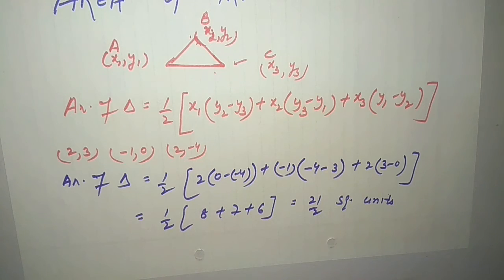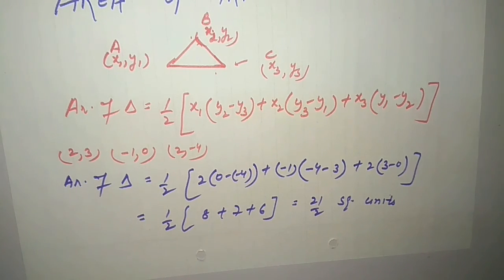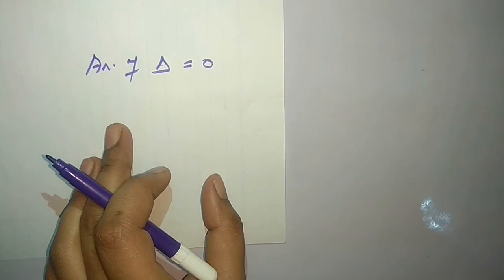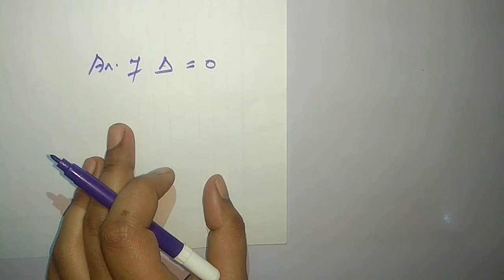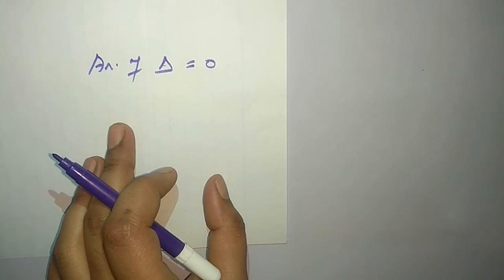Now the next very important concept is if the points are collinear and we need to find the value of k, that is question number 2 of 7.3. In that condition the area of the triangle is 0. Collinear means the points are lying on one line, not forming a triangle, so the area is 0.